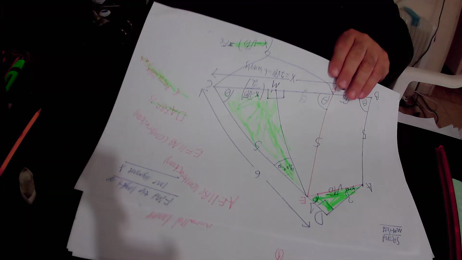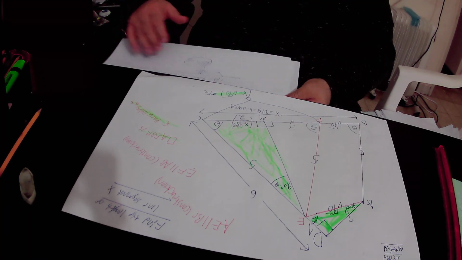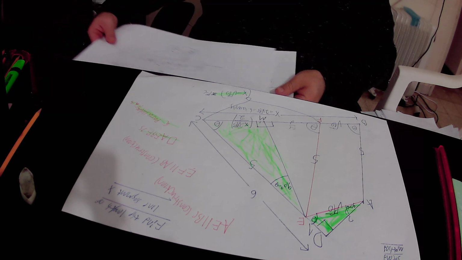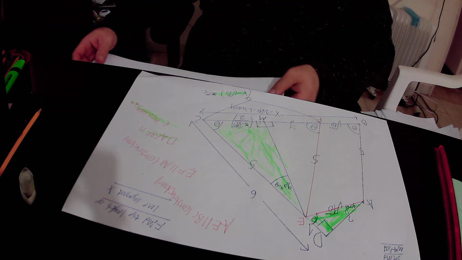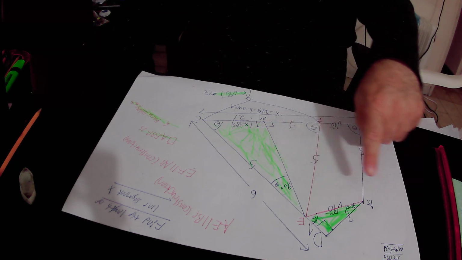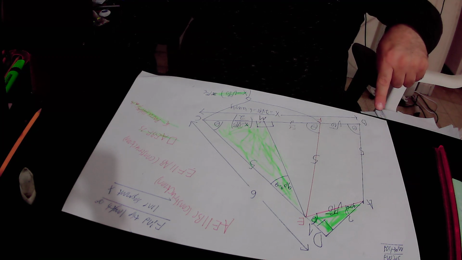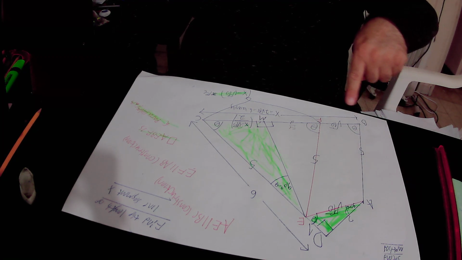In the second method, we did another construction. From point A, we draw a straight line in such a way that AE will be perpendicular to BC.